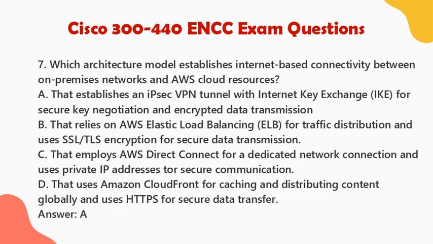C. That employs AWS Direct Connect for a dedicated network connection and uses private IP addresses for secure communication. D. That uses Amazon CloudFront for caching and distributing content globally and uses HTTPS for secure data transfer. Answer: A.